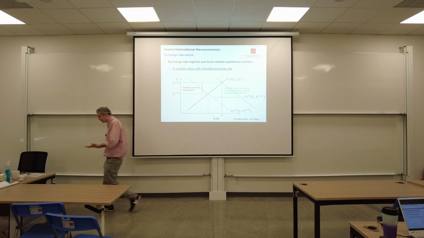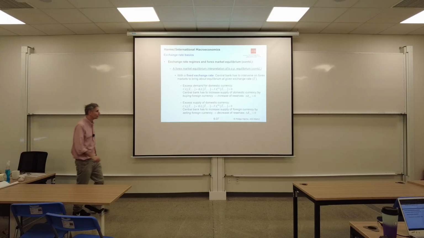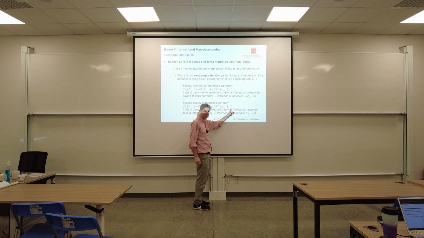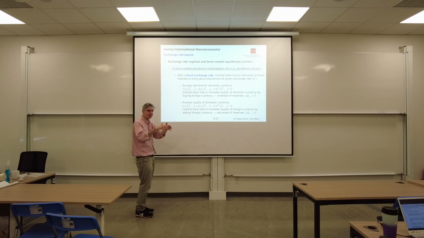Now, with a fixed exchange rate, this is not allowed to happen because you want to fix the exchange rate. So what can you do? Well, there has to be something negative, which basically means that you have to sell foreign currency and thus increase the supply of foreign currency on the market, and increase the demand for domestic currency at the same time.